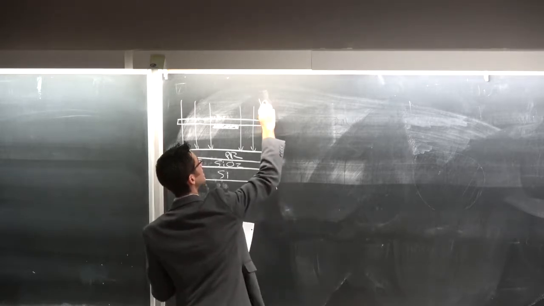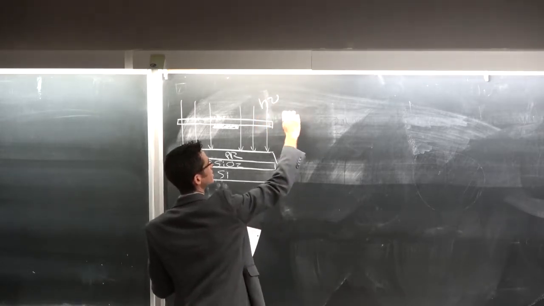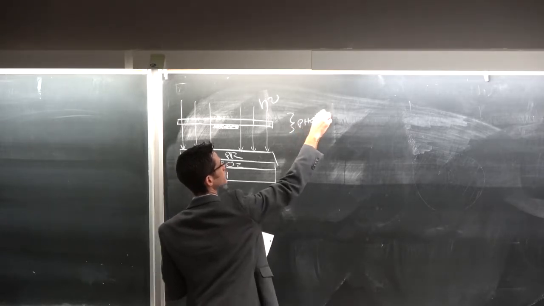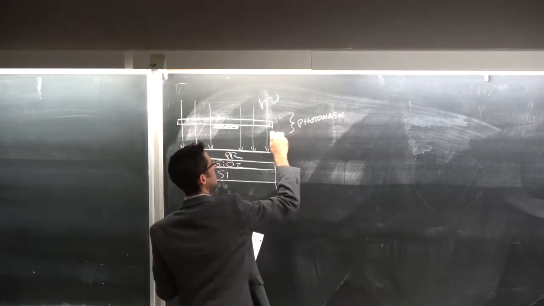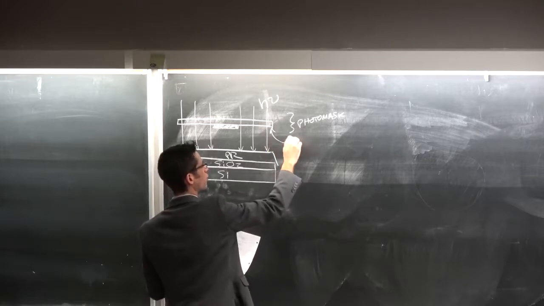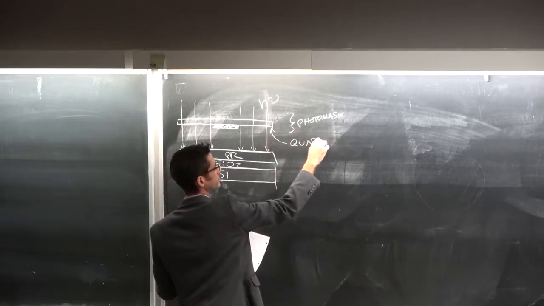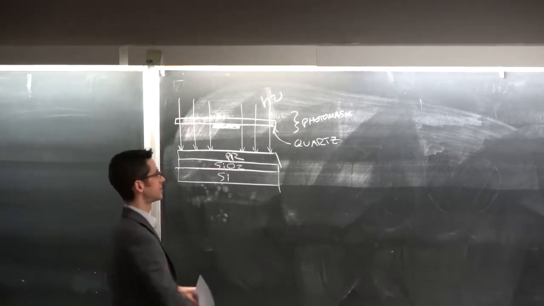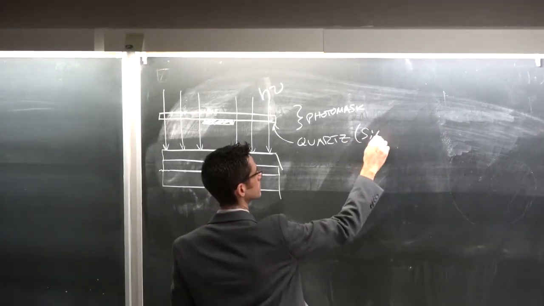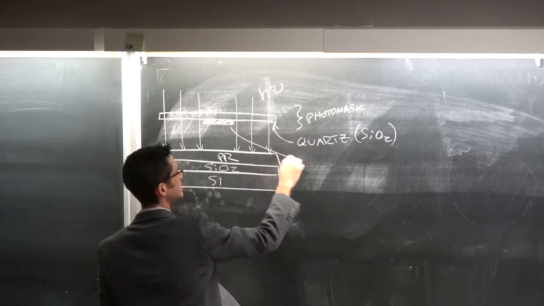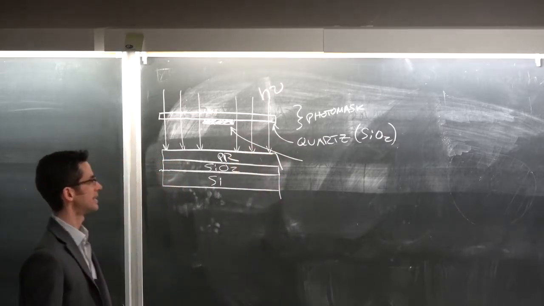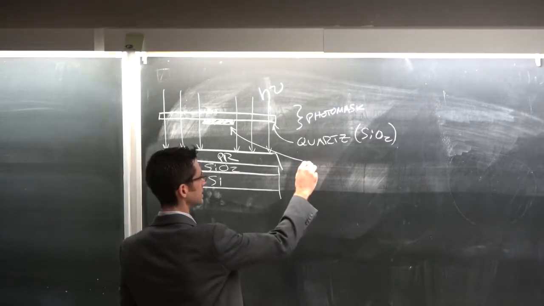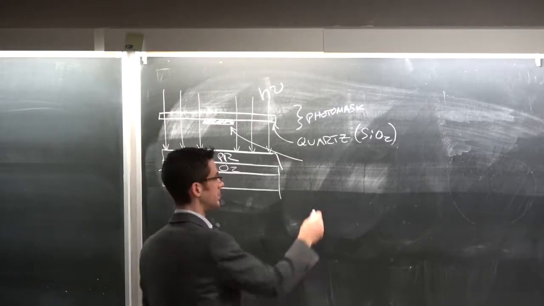And this is light. This is called a photomask. This is quartz, so it's single crystal silicon dioxide. And then this piece that blocks out the light is a metal. Usually it's chromium.